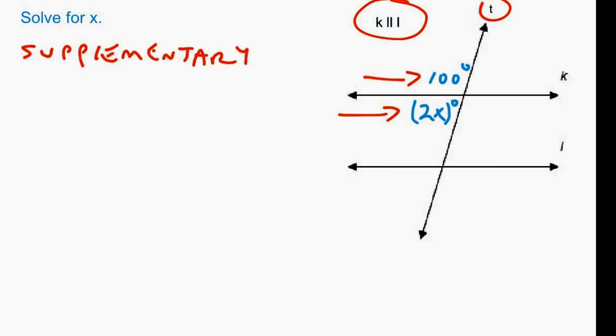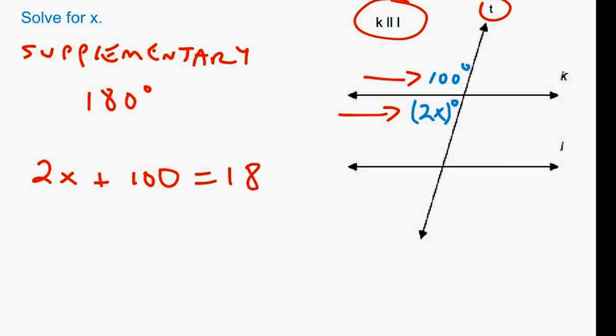Since they're supplementary, if I added them up, they would add up to 180 degrees. So I'm going to take both these angles, 2x and 100, add them, and make it equal to 180. Now it's just an equation.